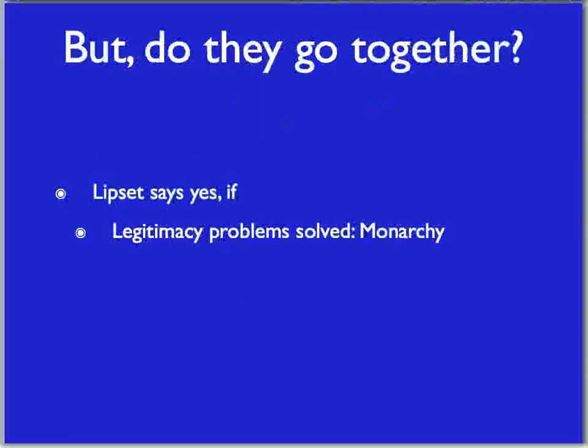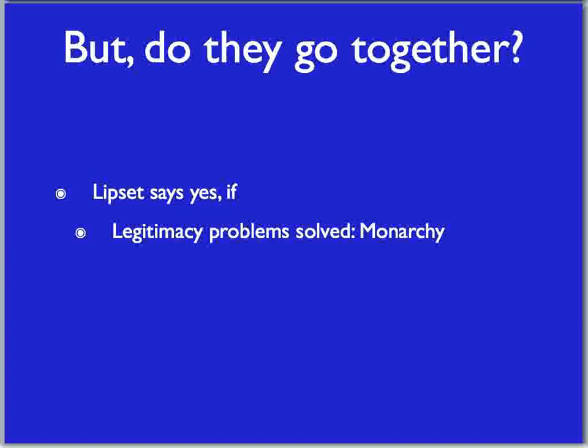In addition to these arguments for why democracy and economic development ought to go together, Lipset talks some about reasons why democracy and economic development might not always go together. So he doesn't take this trend, the trend of greater wealth, greater democracy, to be something that is a universal trend.